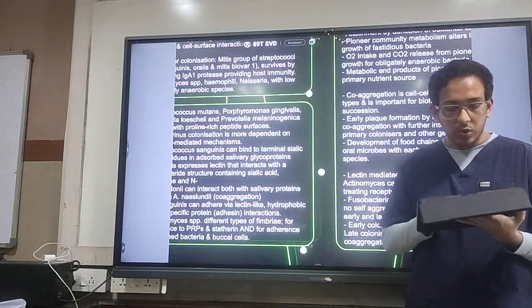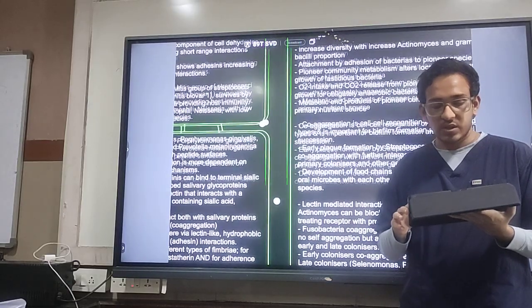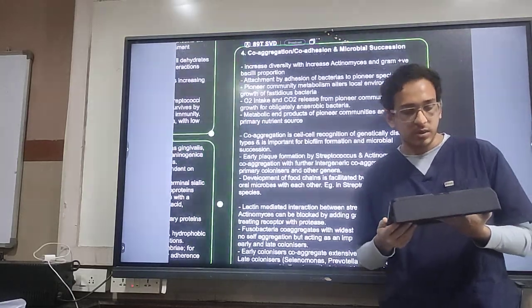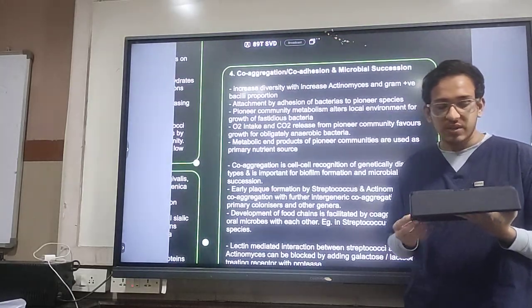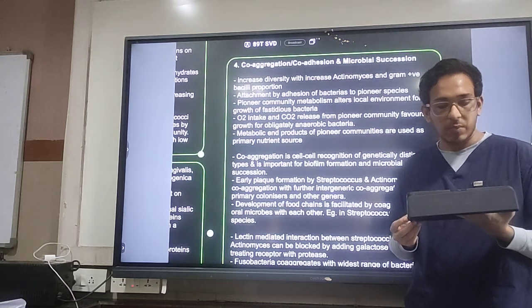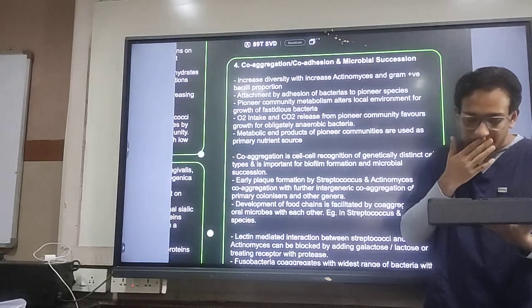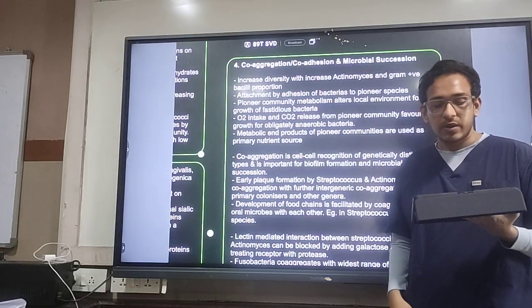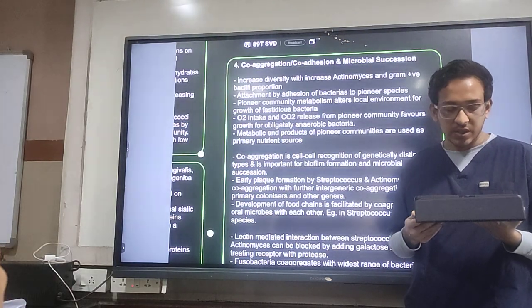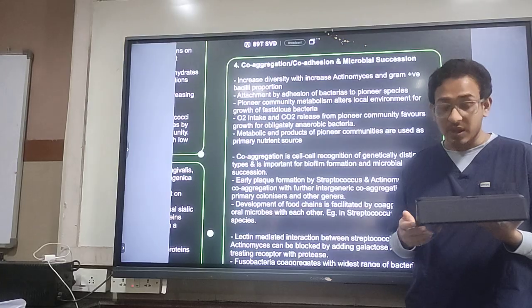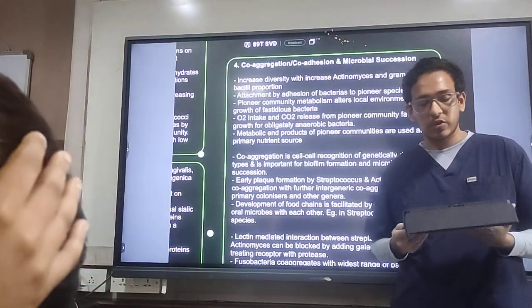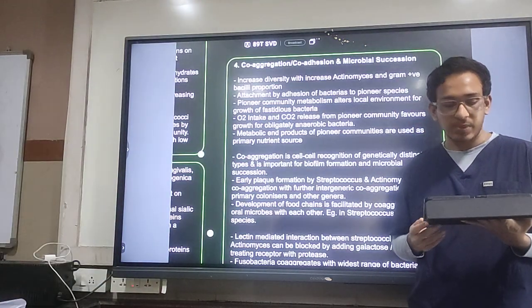Then coming to co-aggregation and co-adhesion and microbial succession. There is increased diversity with increased Actinomyces and gram-positive bacilli proportion. Attachment by adhesion of bacteria to pioneer species.